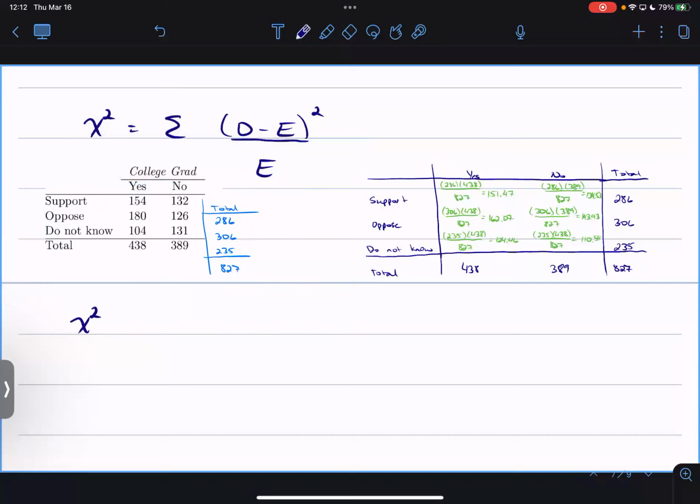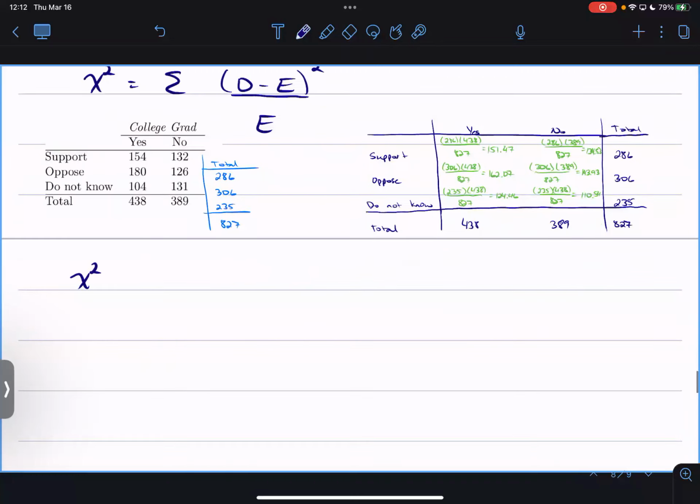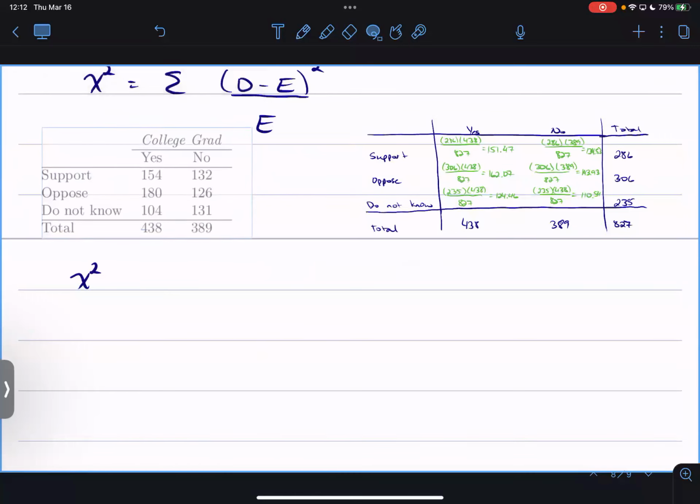So we'll do that, but I'll write out the calculation. We don't need these totals anymore anyways. So chi-squared, the observed 154 minus the expected 151.47, then square it, then divide by the expected 151.47.